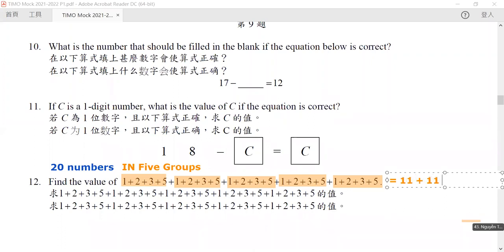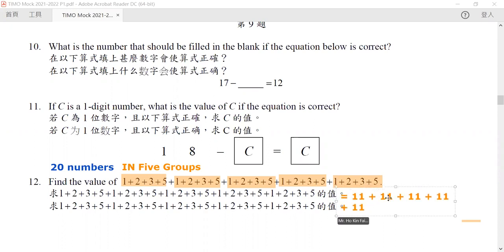So this question is equivalent to asking you what is the value of the sum of 5 elevens together.